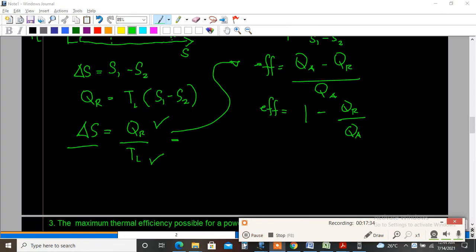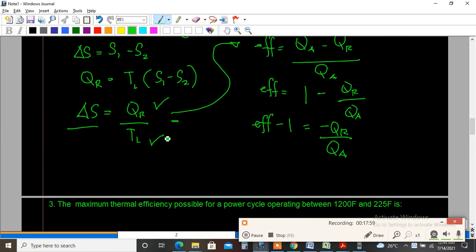Okay, let's manipulate. Efficiency. Transpose the 1, so minus 1 is equal to negative QR over QA. So negative QR is equal to efficiency minus 1.